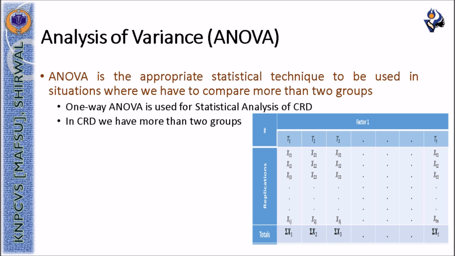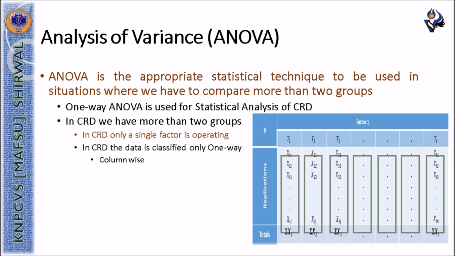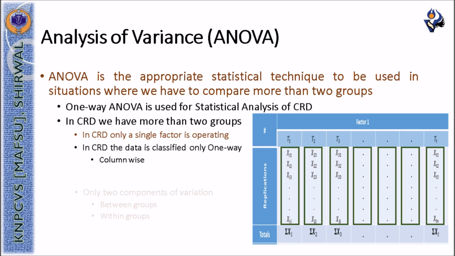In CRD, we have more than two groups, where only a single factor is operating, and therefore the data in CRD is classified only one way, that is column wise, and therefore there are only two components of variation: between the groups and within the groups.